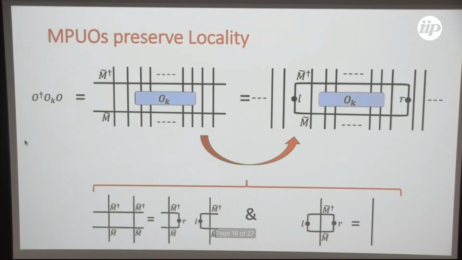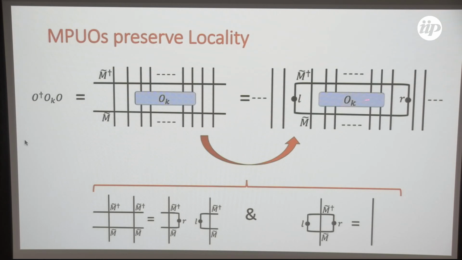So now let's prove that these MPUOs are actually locality preserving. So we conjugate a k-local operator by O and O dagger, by thinking that it's like a time evolution. Using separation, we know that the very left part and the right part of this are separated from the middle. And by using isometry, we know that these are identities.